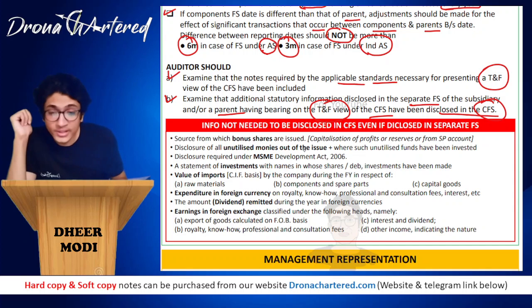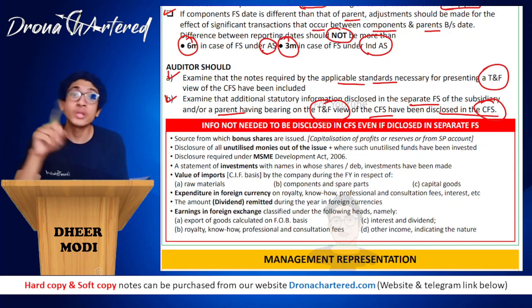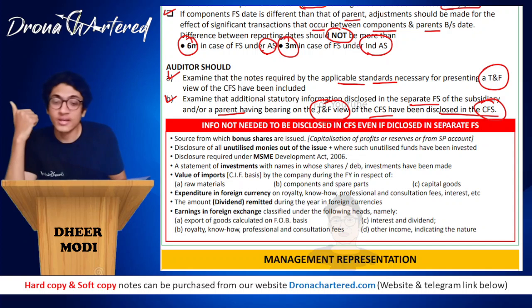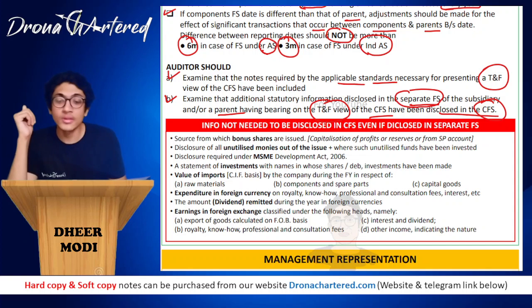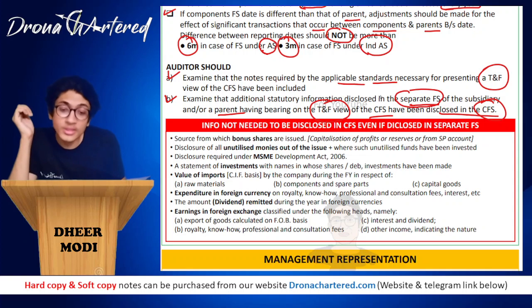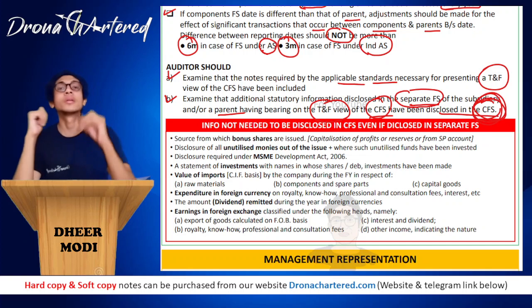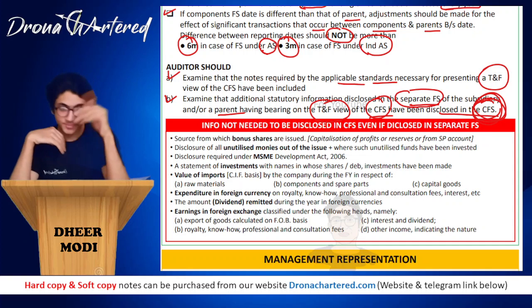That means statutory information which is not required but we are giving, disclosed in the SFS of the subsidiary, which has a bearing on the true and fair view of the consolidated financial statements. They should also be included in my consolidated financial statements.